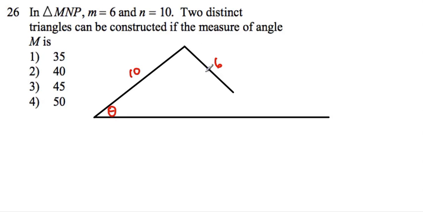Notice that if the 6 here is shorter than the height that we would have gotten, then in that case, we will not be able to get two triangles. If 6 is greater than the height, then we could get one triangle this way, another triangle in this way. So for example, let us try to assume a 50-degree angle first.